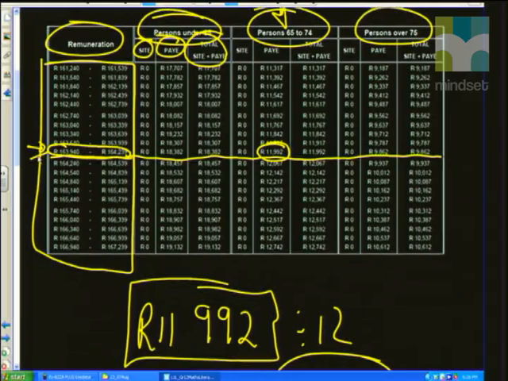So it's saying if I earn between 163,940 a year up to 164,239 rand a year, it's giving me a range of salaries and saying in between there, this is the approximate tax you're going to pay. It's very close to the real figure, but it's just a few cents out, maybe.